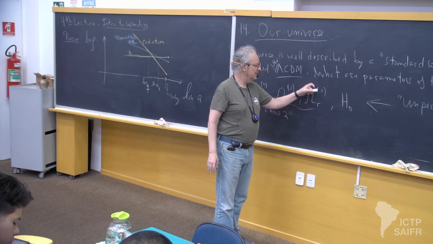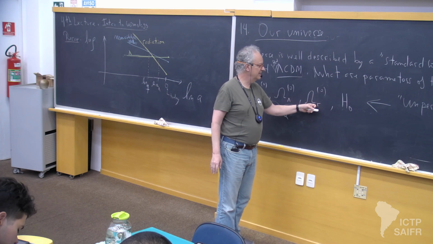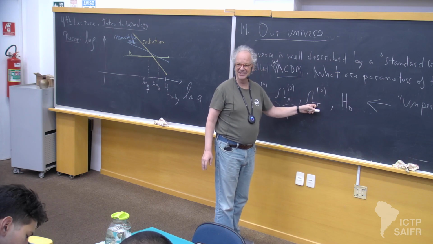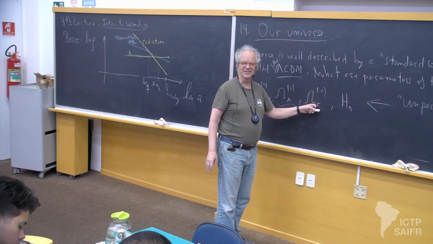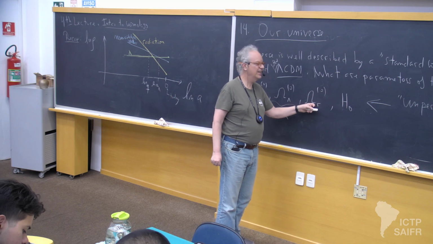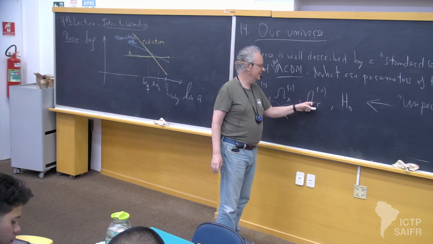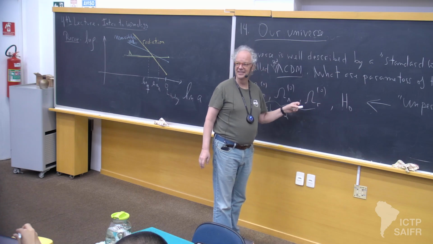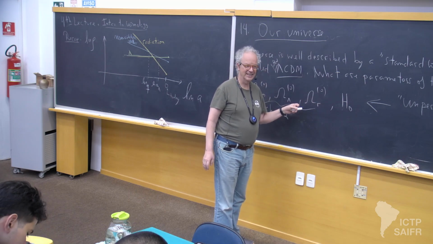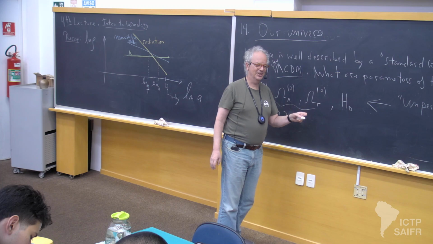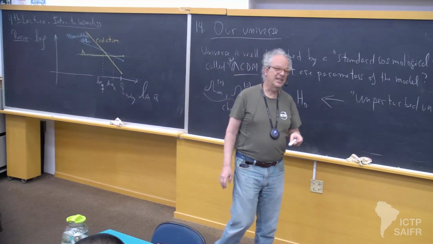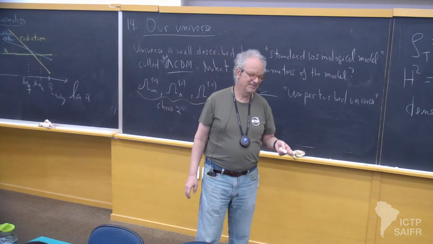So again, this is the radiation part of the universe. What is radiation? Actually I should say the relativistic part of the universe. So what makes the relativistic part of the universe? Photons, right? Yes and no. Photons for sure, but there are particles called neutrinos.